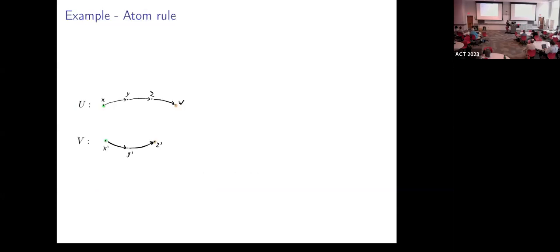Okay, so for the atom rule, I wanted to consider these two regular molecules. They are one-dimensional, so they have the same dimension. They are round, and also both their input and output boundaries are zero-dimensional, so they are isomorphic. Okay, so what do we do next? We glue them along these isomorphic boundaries, and we obtain some kind of a shell.